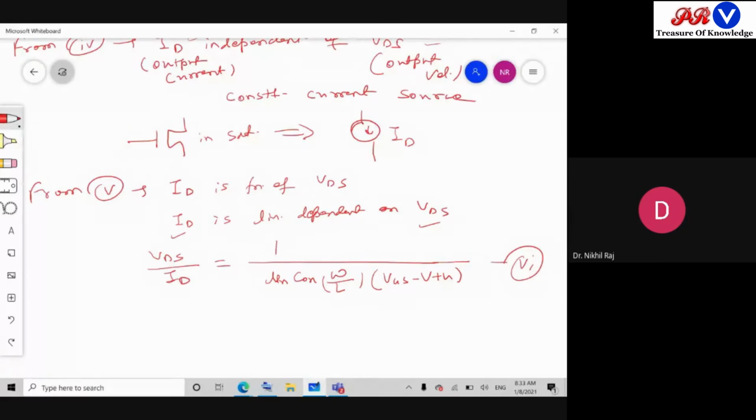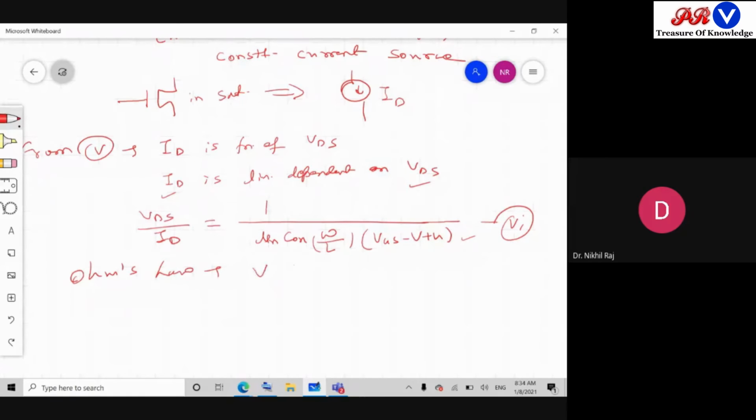Okay. So what is this one? This is VDS by ID, which will give me this relation. Now according to Ohm's law, what does Ohm's law state? That V is proportional to I, and this proportionality constant is R, which equals V by I. So here this VDS by ID is nothing but your RDS, or we can say R on resistance, which is given by equation 6.